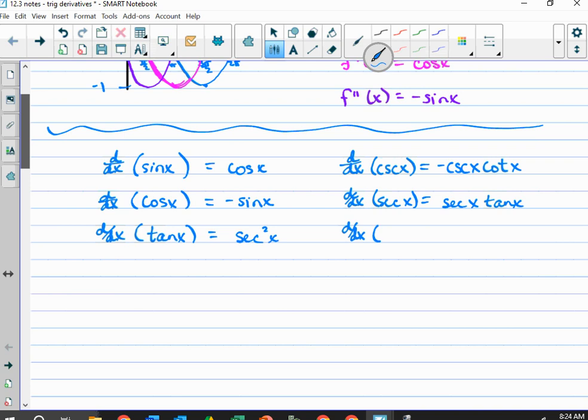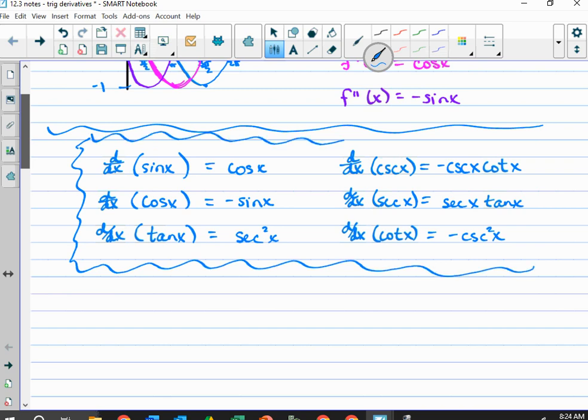And your last one, derivative of cotangent, is negative cosecant squared. Yes, you must know those.